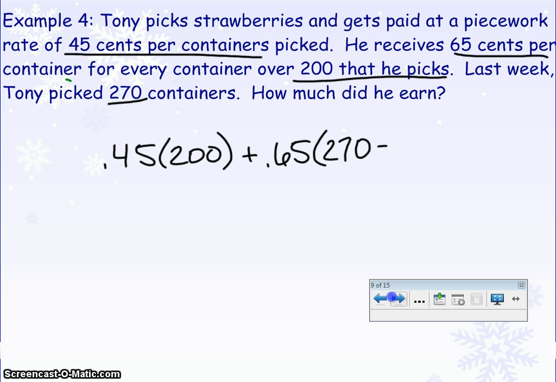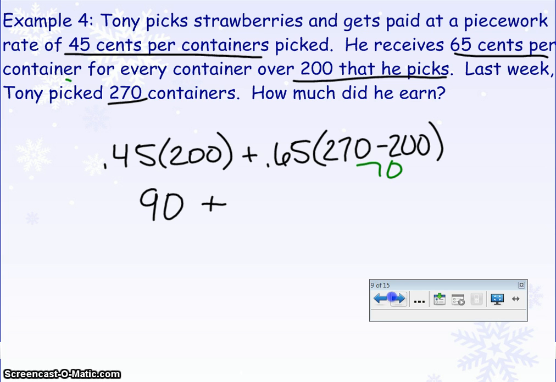over that 200. He actually produced 270, so we've got 0.45 times 200, which gives us $90 for that, plus 65 cents, or 0.65, and then here we have 270 minus 200 is 70.